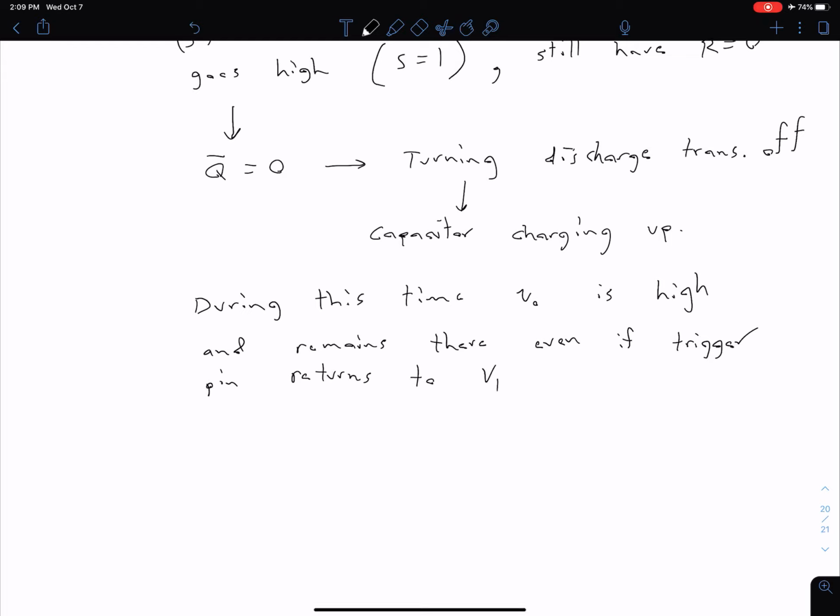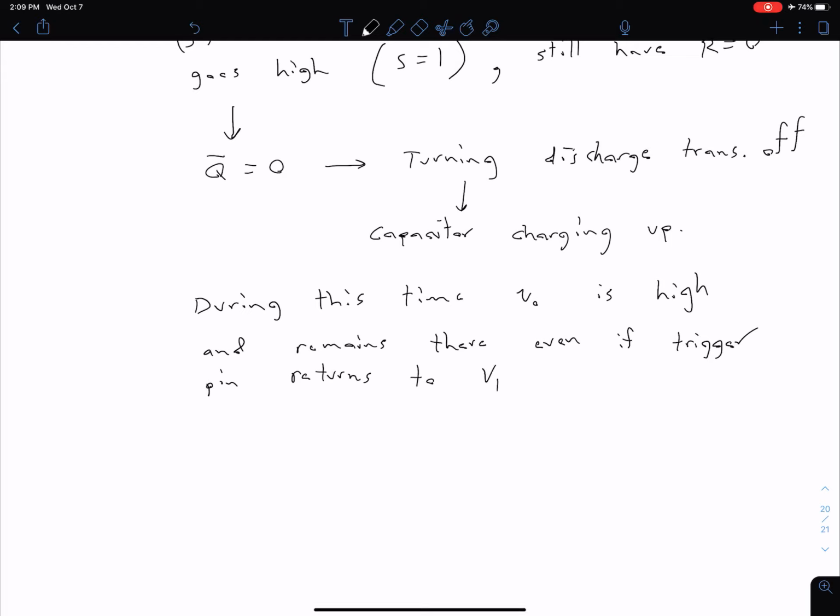And so what happens then is we have S equals 0, R equals 0, which we have already seen before, means we're in our no change state. So that's what happens if we have this pulse come down and then go back up. We're still going to keep this output in a high state.